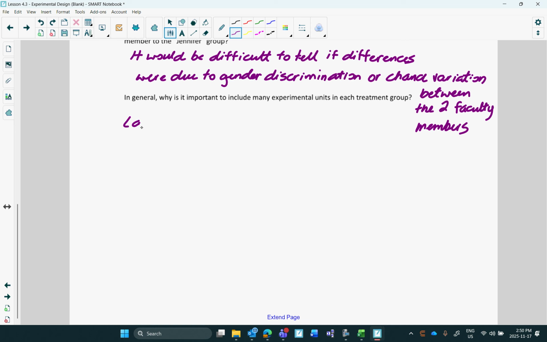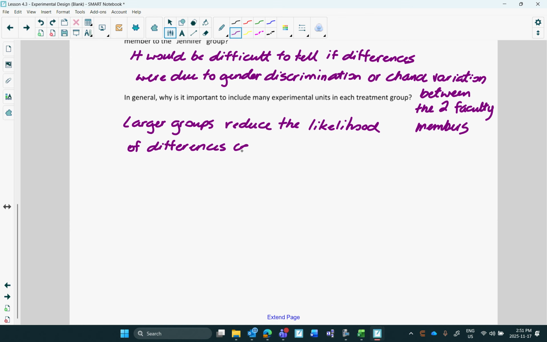Because larger groups reduce the likelihood of differences caused by chance.